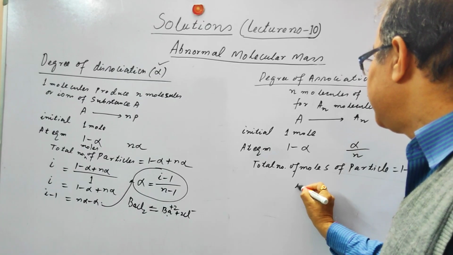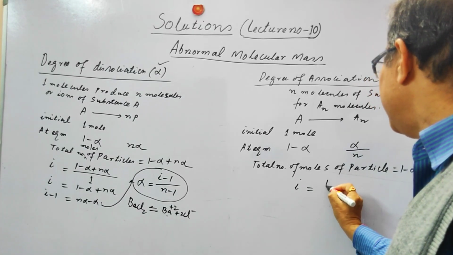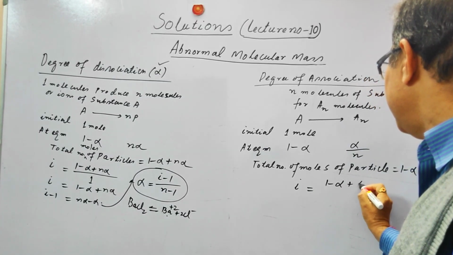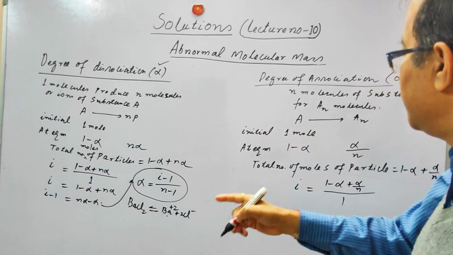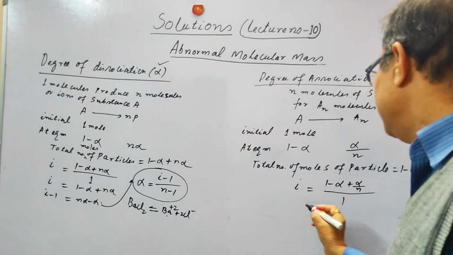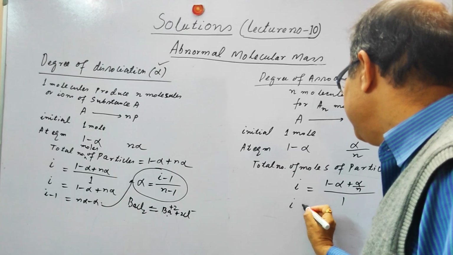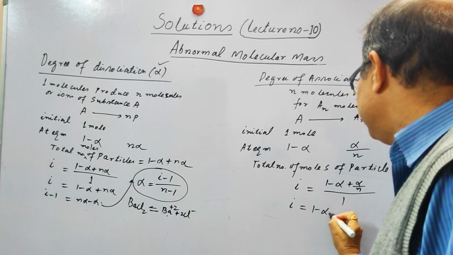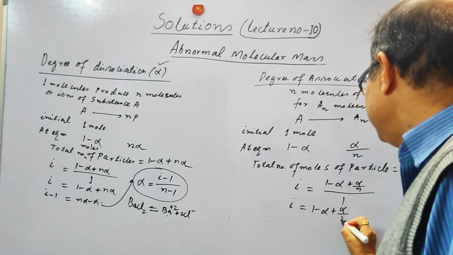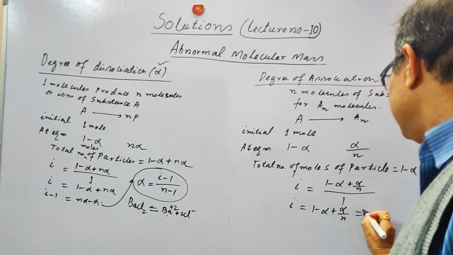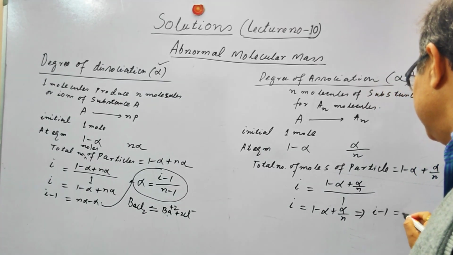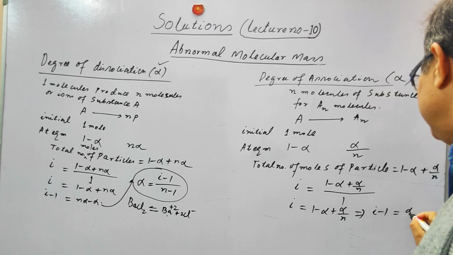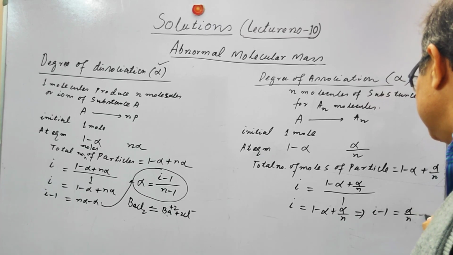will be 1 minus alpha plus alpha by n. And we know the Van't Hoff factor i is equal to 1 minus alpha plus alpha by n divided by 1, since before the association it was 1 mole. So i minus 1 will be alpha by n minus alpha.